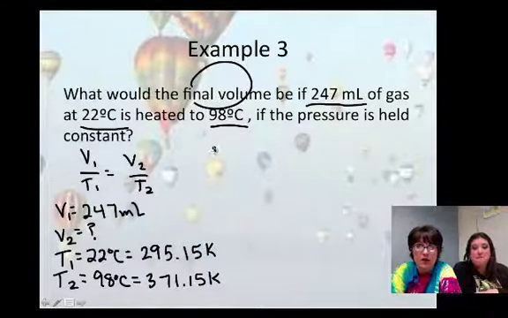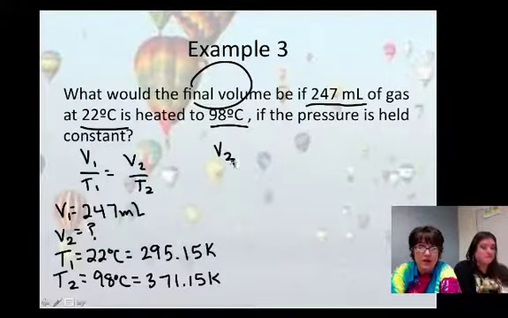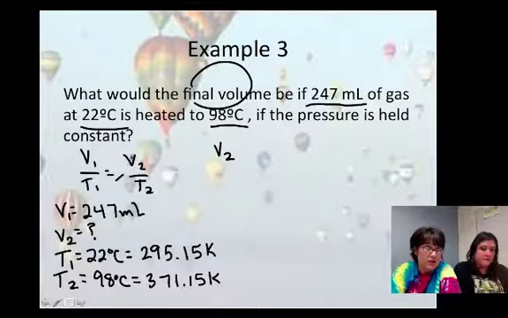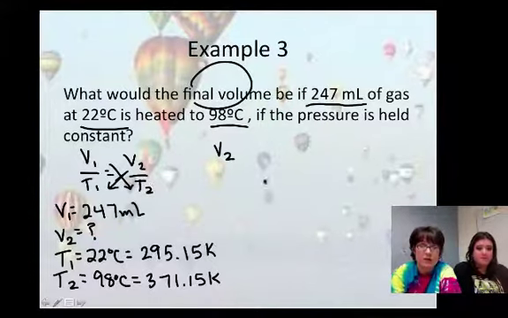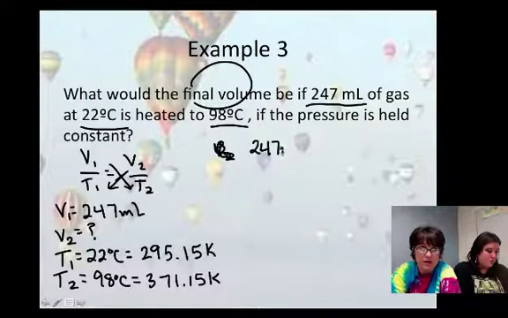All right, we're going to find V2. And so the easiest way I know to do this is to cross multiply. We'll just put our numbers into this proportion and cross multiply. What do you think? Will that work? Okay, so V1 is 247 milliliters. And T1 is 295.15 kelvins.